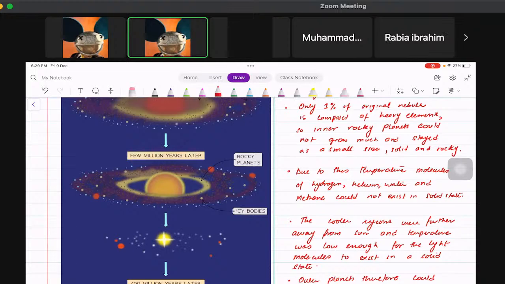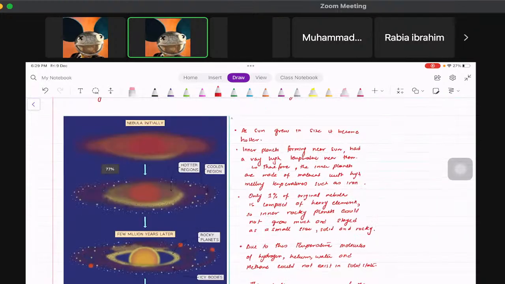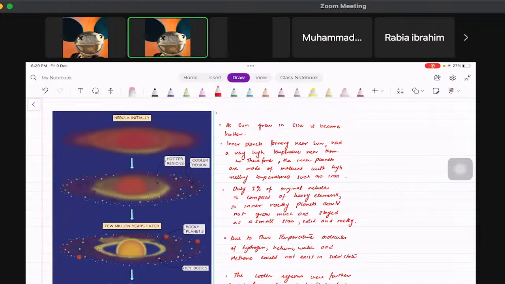If you want, you can actually take a screenshot of the diagram. Otherwise, I'm also going to send this PDF to you. Don't worry about that.